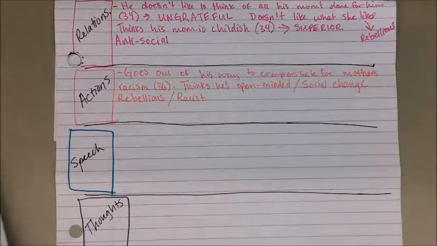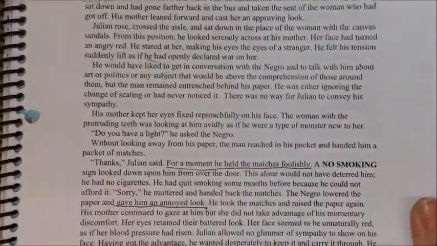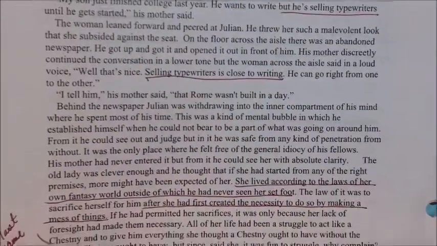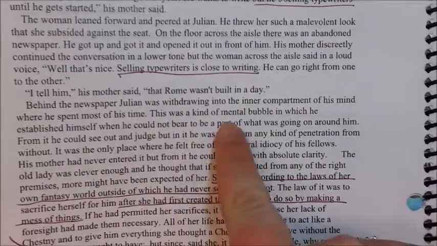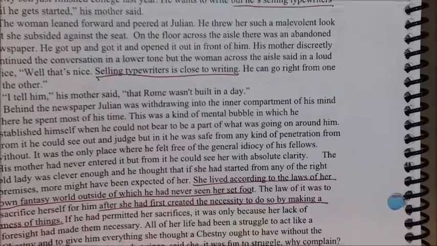So another action that Julian does, what am I looking for? On page 38, we see that Julian withdraws into the inner compartment of his mind where he spends most of his time.